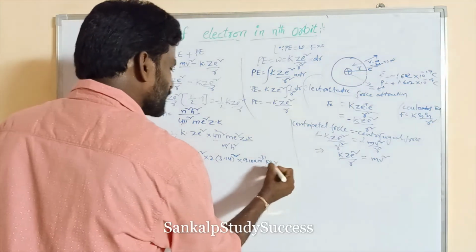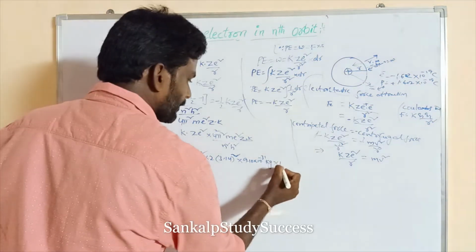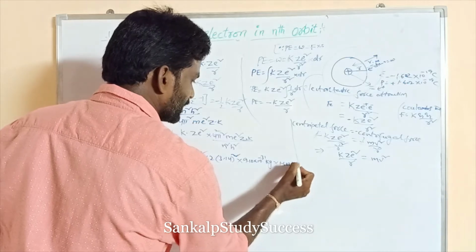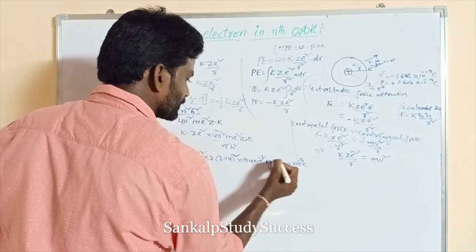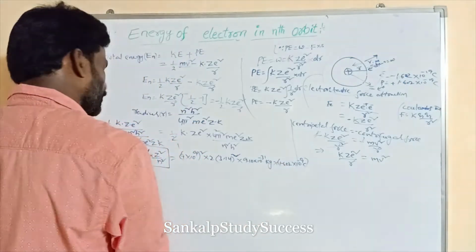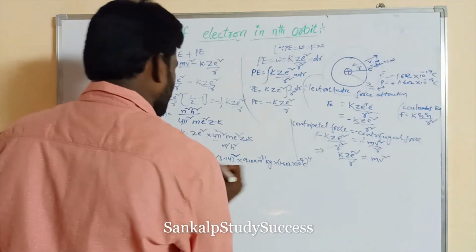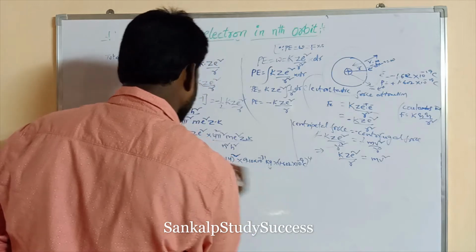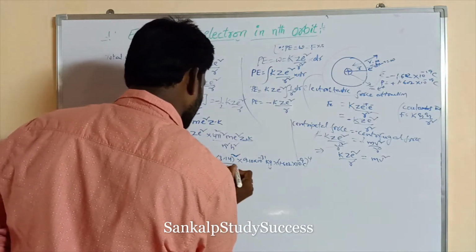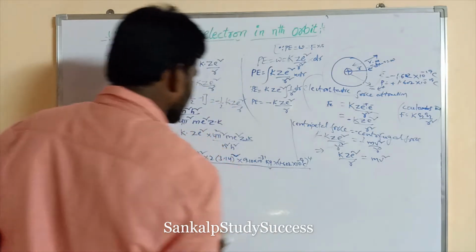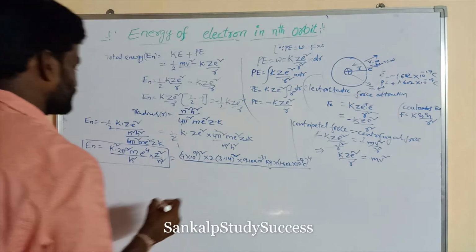And the charge of electron e is 1.602 into 10 to the power of minus 19 coulombs. So this is whole power of 4, the charge of electron. Here all the values can be taken in SI units or MKS units.